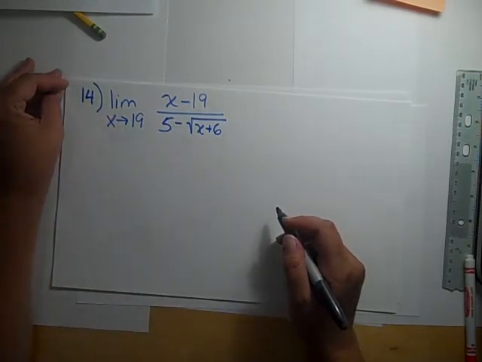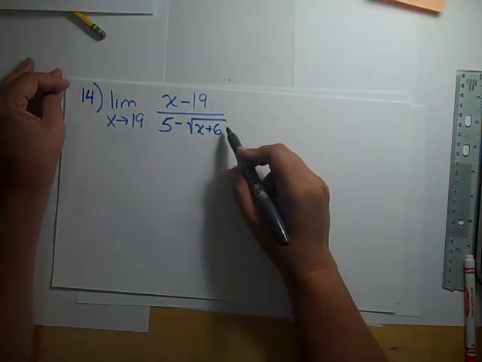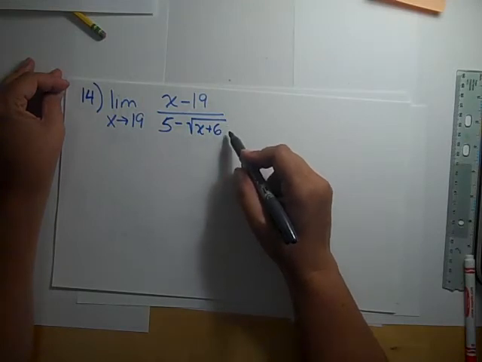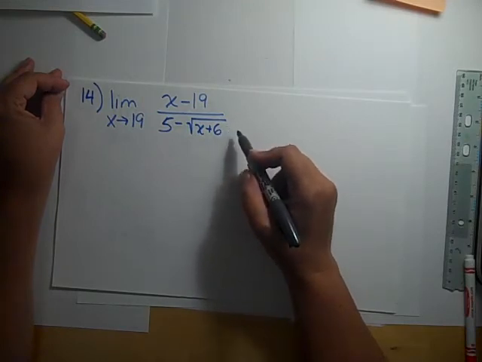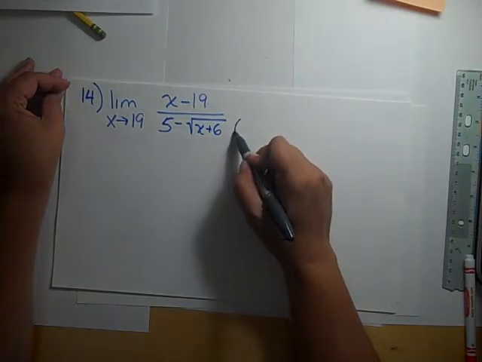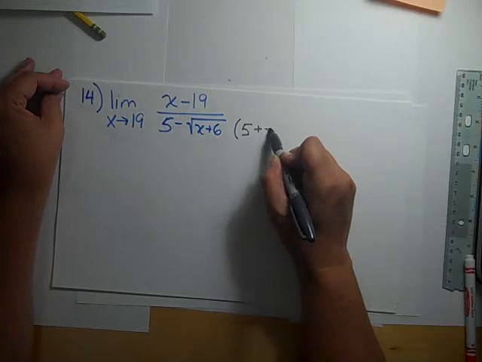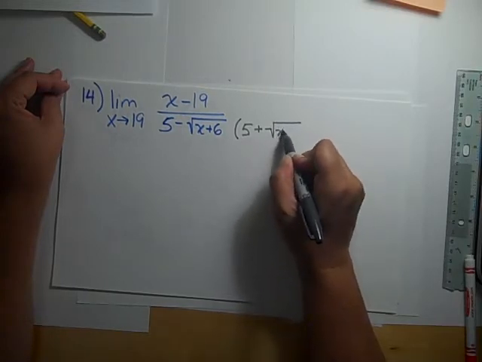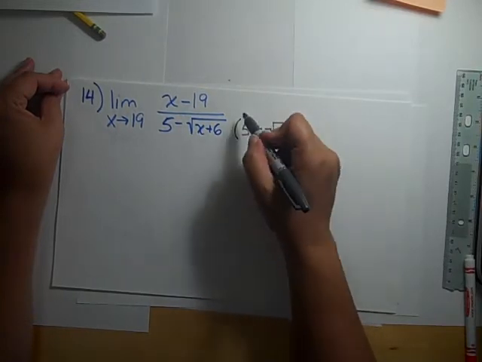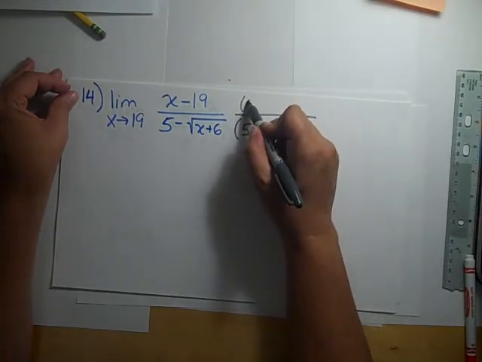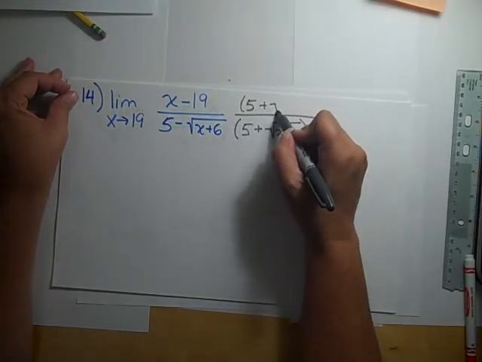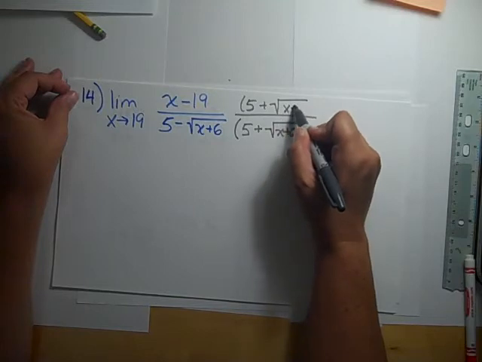And the easiest thing to do when you see a radical is to see if you can multiply by the conjugate. So let's multiply the top and bottom by the conjugate, which is 5 plus the square root of x plus 6. Do that to the top and bottom. And why do we do that?